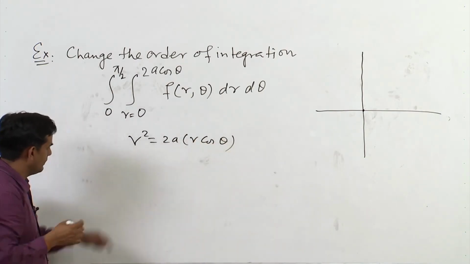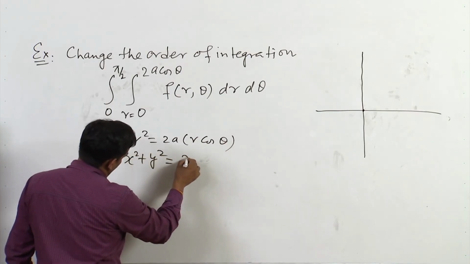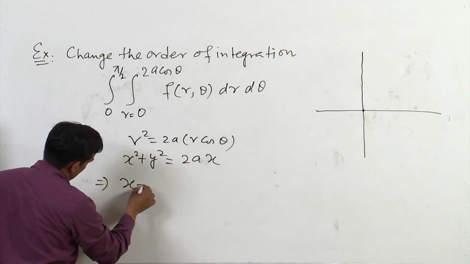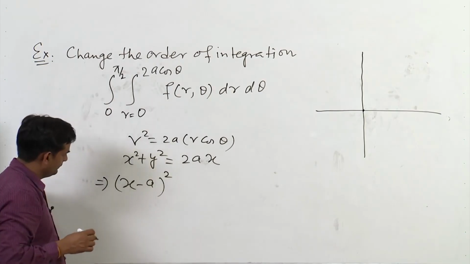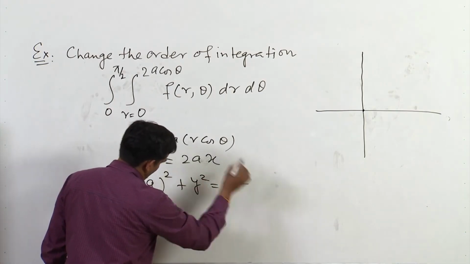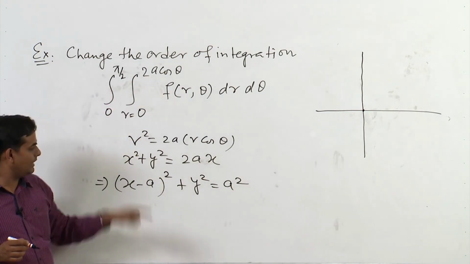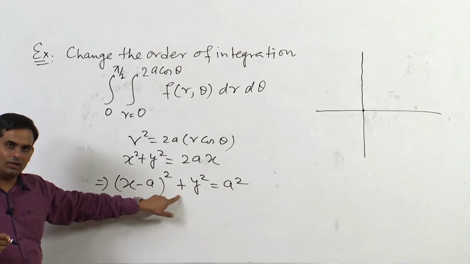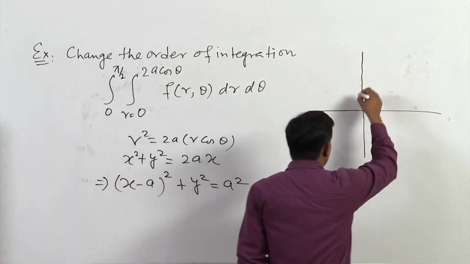As you know, r square is x square plus y square equals 2a x. So, r equals 2a cos theta is nothing but this circle having center at a, 0 and having radius a.